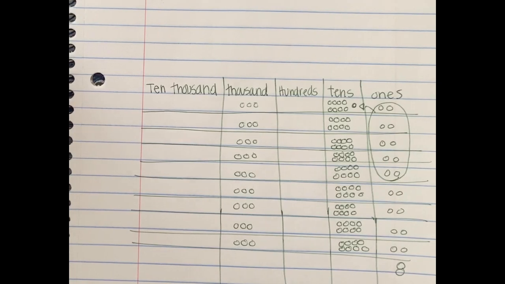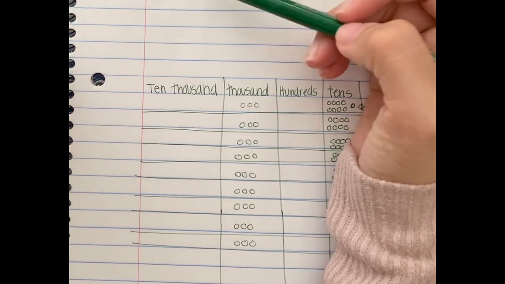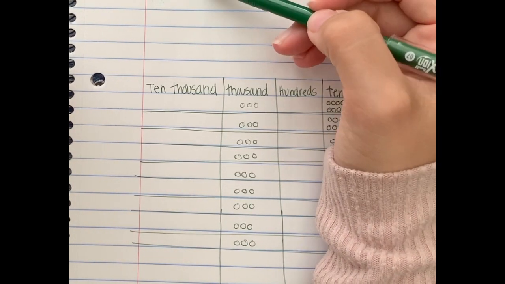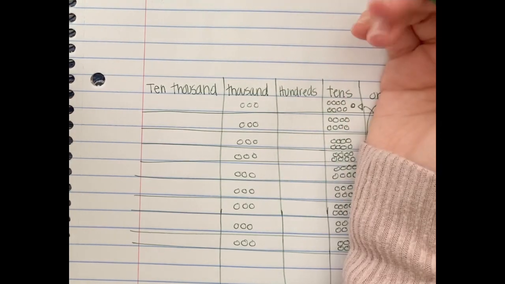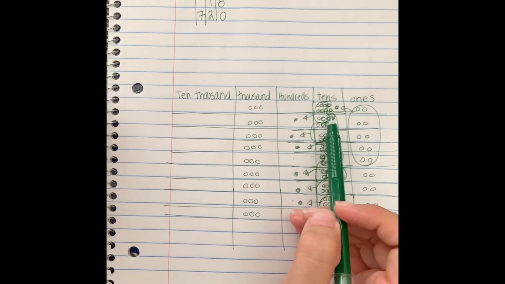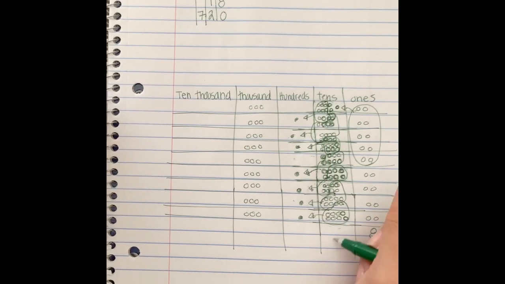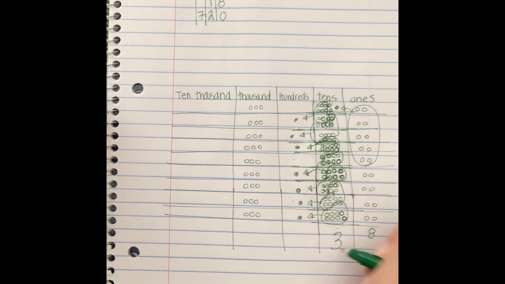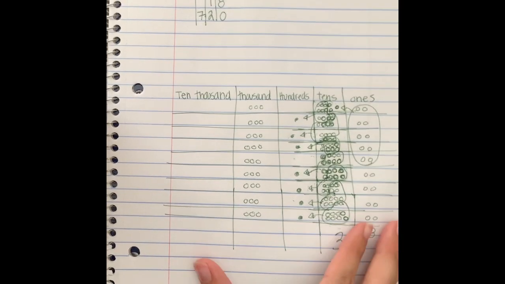Now, I know that the total amount in my tens place is 1 plus 2, 3 so far, right? All right, so I'm gonna bundle as many tens as I can, and to save time, I'm gonna go ahead and fast forward. Alrighty, so after bundling all these, I am left with 3 tens. So I put my remainder 3 down there.